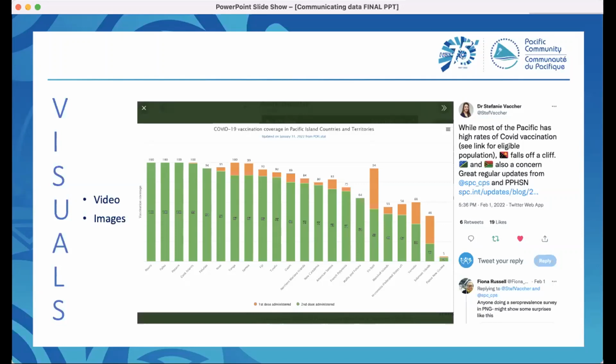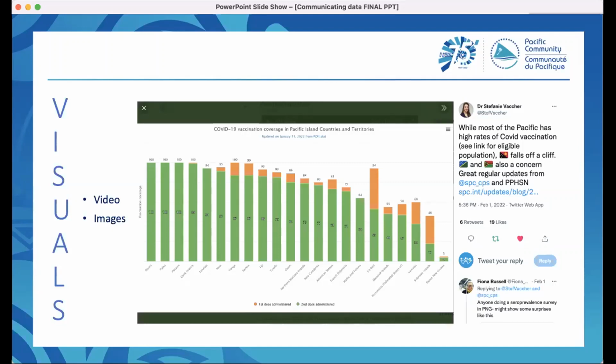And when you go to the PDH and the graph and hover your mouse over it, it displays the eligible population for each country and territory. Again, putting the data in context. And it's a way to present information that makes it easy for people to see and understand information at a glance.